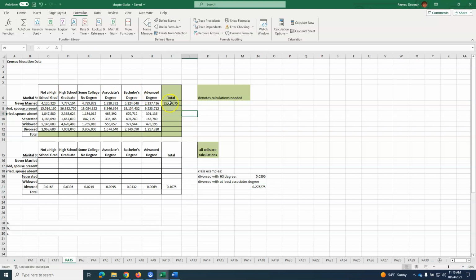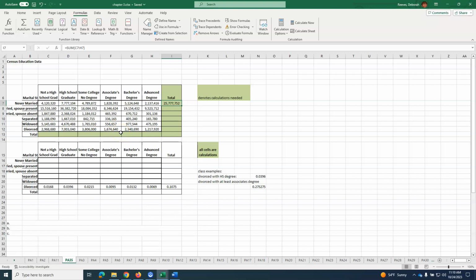And then just to make your life easier, in case you don't know this, you can do a trace precedents and see what's leading up to that formula. You don't necessarily have to do it when you're doing a simple sum across the top or the bottom, but it's helpful when you have more complicated calculations. So here you're just doing summing.